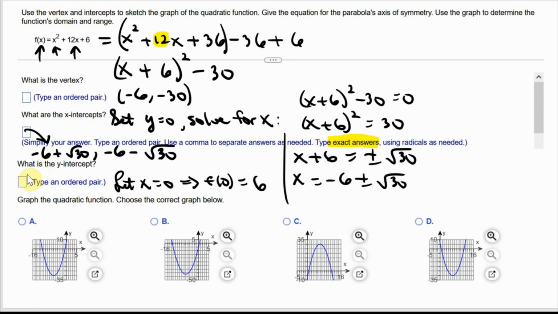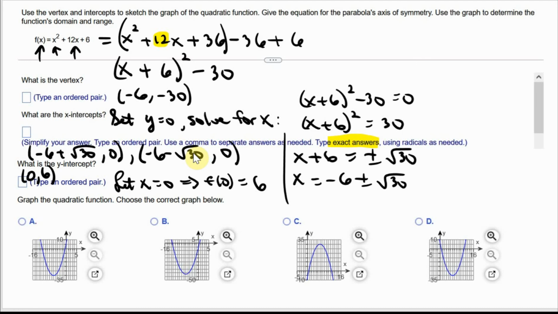So here, this is 0, 6. And it says type in ordered pair, so I better go up here and do that correctly. I don't want to mess you up. The ordered pair for the x-intercept would be negative 6 plus the square root of 30, comma, 0. Close that up, comma, and then parentheses, negative 6 minus the square root of 30, comma, 0. Yeah, I tell you, I'm having a rough day.